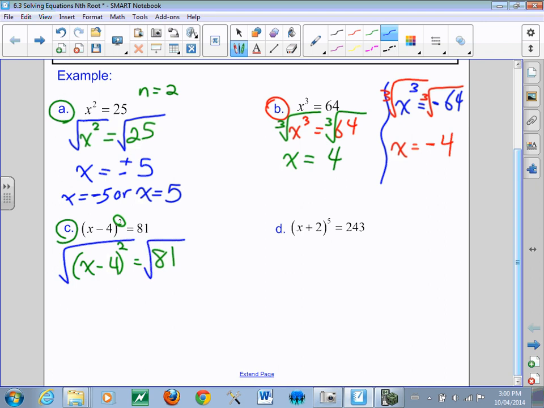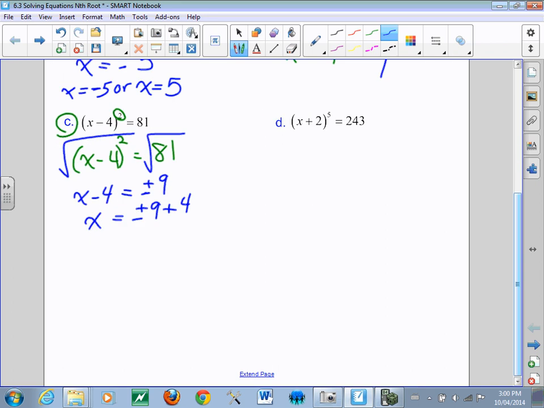Because remember, squaring and square rooting are opposite operations. So you're going to have x minus 4 equals plus or minus 9. To get the variable by itself, you're going to have plus or minus 9 plus 4. Just realize, ladies and gentlemen, that there are two cases here.